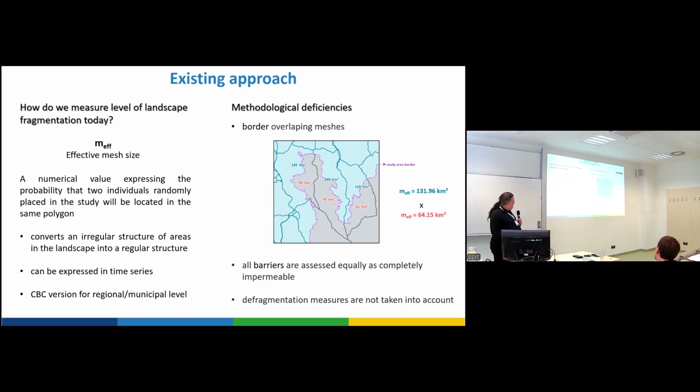If you calculate effective mesh size just from the red meshes, you get 64 square kilometers, while if you go over the borders, you get 131, which is twice more. So the first idea was, if we want to calculate with a new methodology, we have to go over the borders and start to collect data also from the other countries.